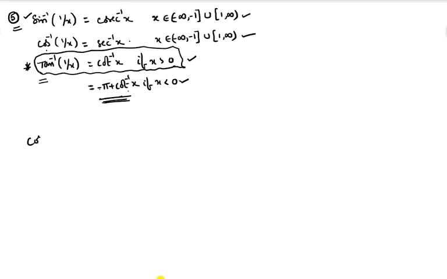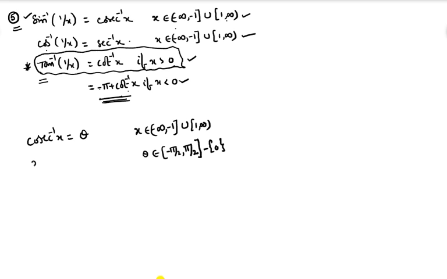First of all, I will try to prove this one. Here I am assuming cosecant inverse x is equal to theta, because x belongs to minus infinity to minus 1 union 1 to infinity. That means theta belongs to the closed interval minus pi by 2 to pi by 2 except 0, because at 0 it is tending to infinity.